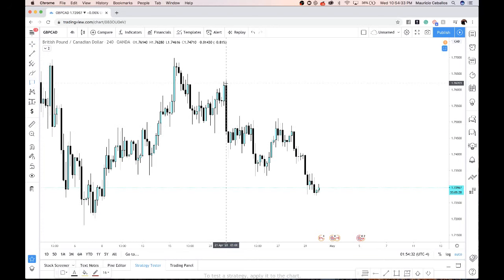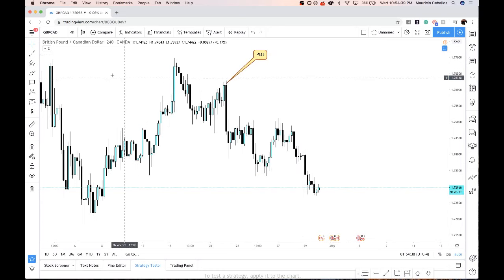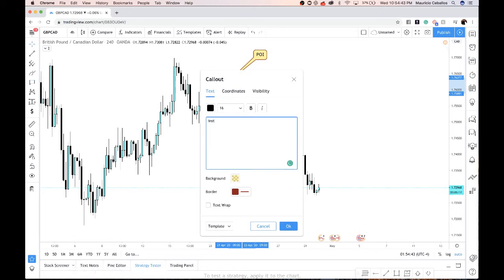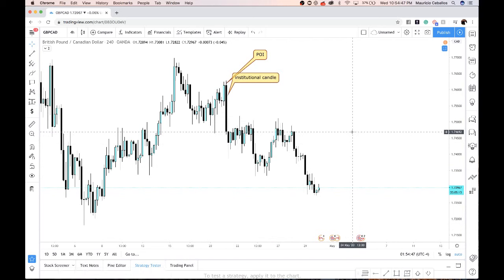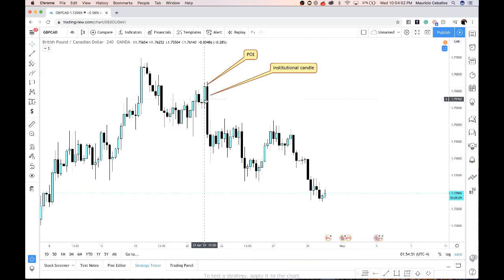So right here, we have a potential point of interest. This point of interest, what is this? It looks like it's a potential institutional candle. As you can see, what ended up happening, we have this candle, okay, now both candles have volume.